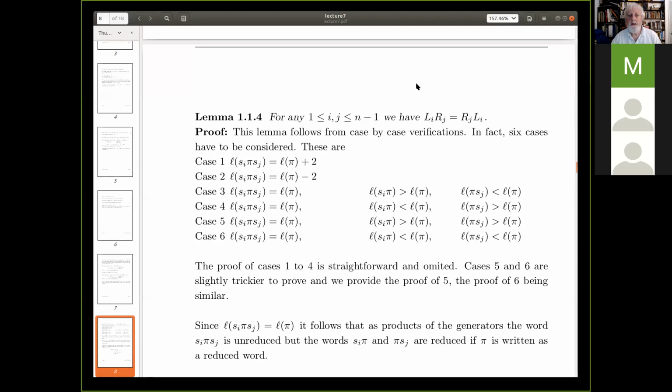Anyway, why don't I do it on a piece of paper and show you? So I'm trying to get you to see what the picture is.